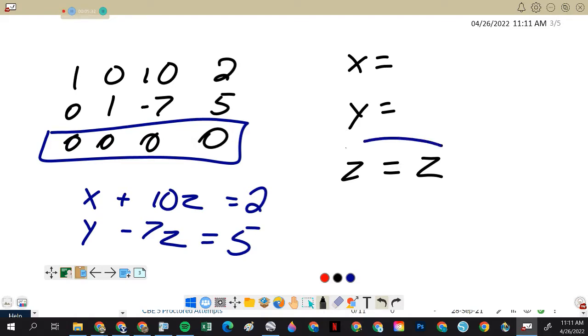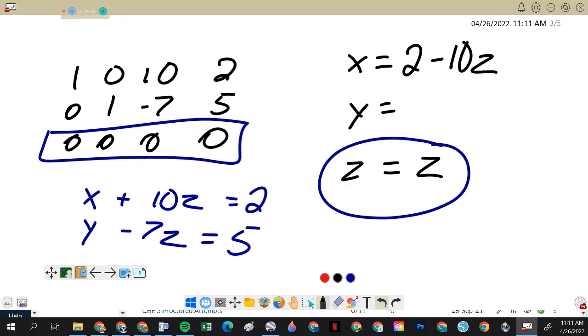So define this equation as z. And then what is x in terms of z? If I take the equation with an x in it and I solve it for x, I'm going to get 2 minus 10z. And then I take the y equation and I solve for y, and I get 5 plus 7z.